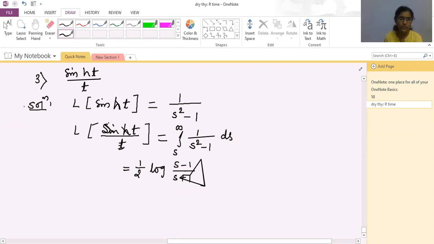By using this, we will write the integral of this function between limits s to infinity. Now we know whenever there is log, we cannot put infinity directly because log of infinity is not defined. So we have to take s common from both numerator and denominator, isn't it? So we'll take s common.